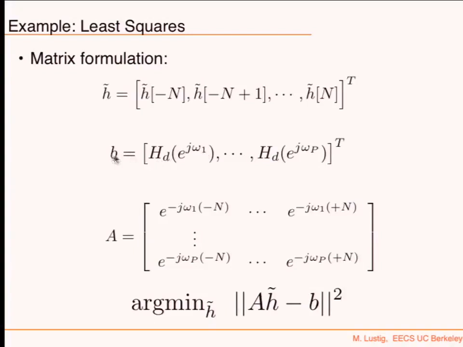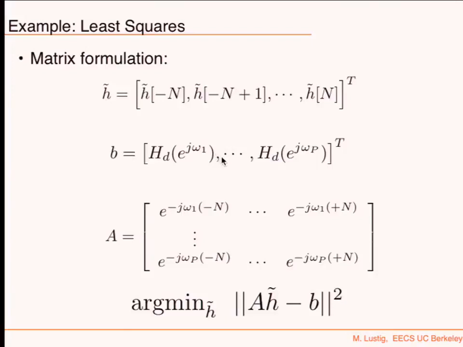And we're just going to say the b vector is h sub d, which is the desired one, at omega 1, and then omega 2, omega 3, omega 4, all the way to omega p. This is the desired vector.